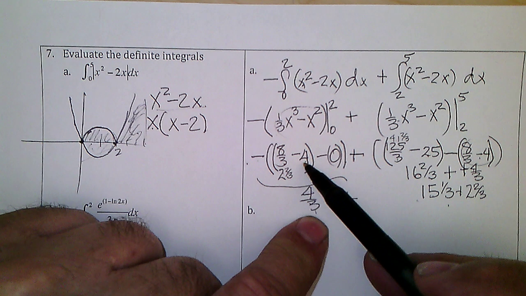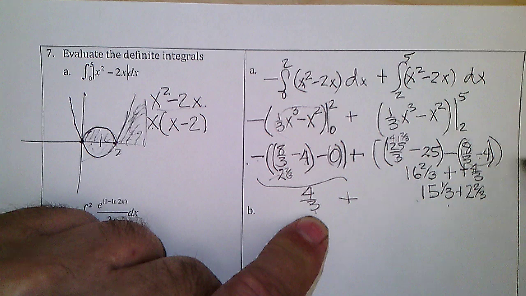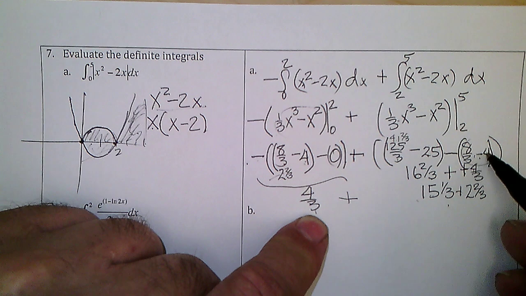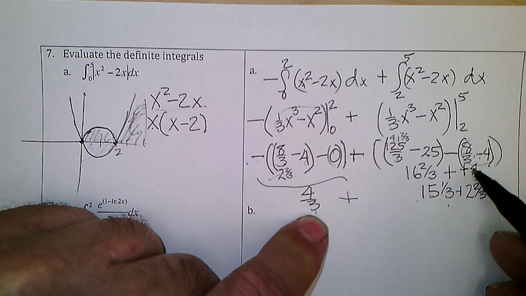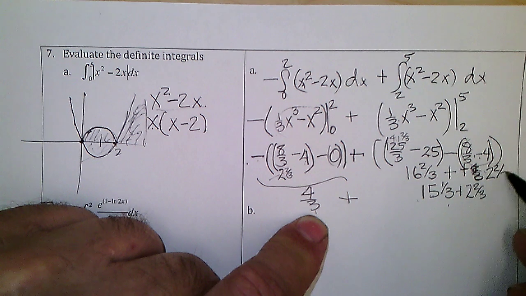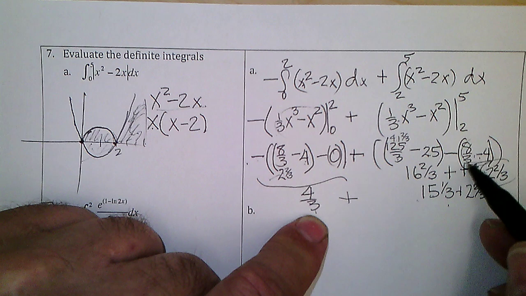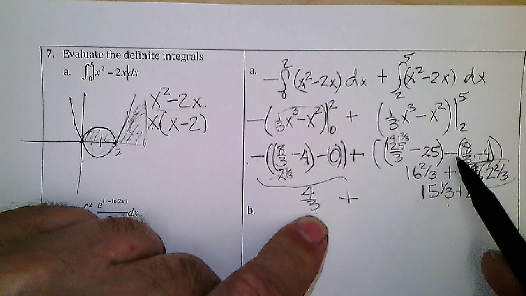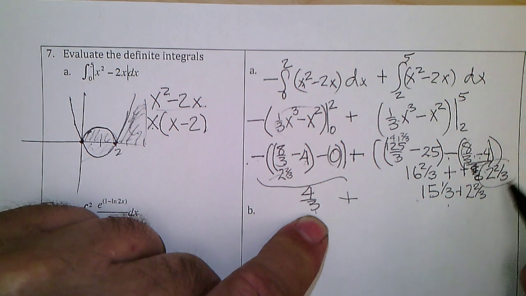That's minus 2 2/3. Oh, this is minus 2 2/3. So this will be plus 2 2/3. Excuse me. That's what this is. And we got to subtract that. It's minus, and so it becomes plus.